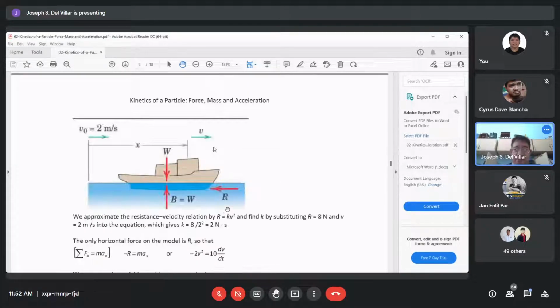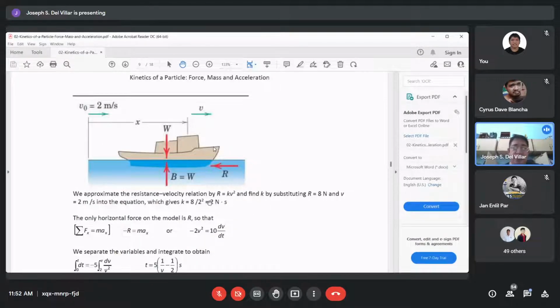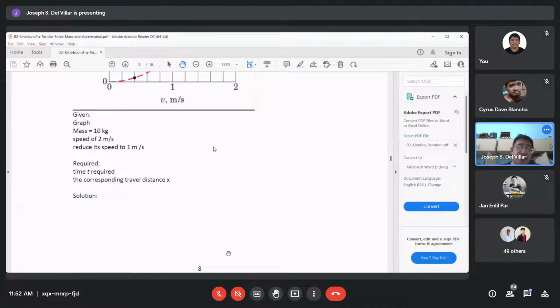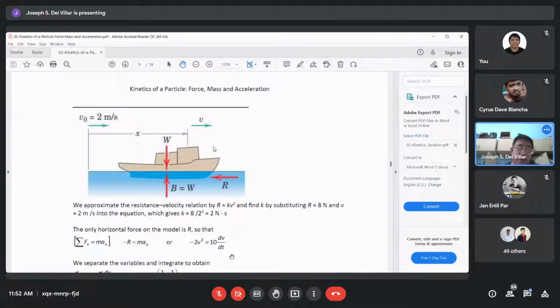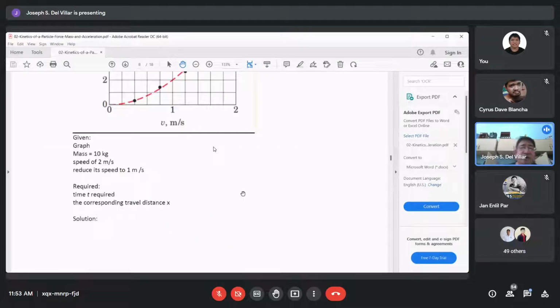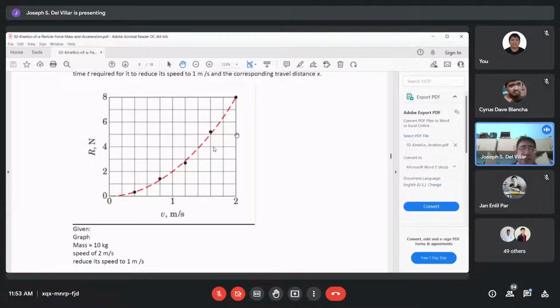R is equal to K V squared, because R is said to be directly proportional to the square of the velocity. It is not linear, that's why there is a square. So to get the constant of proportionality, R is directly proportional to the square of the velocity.